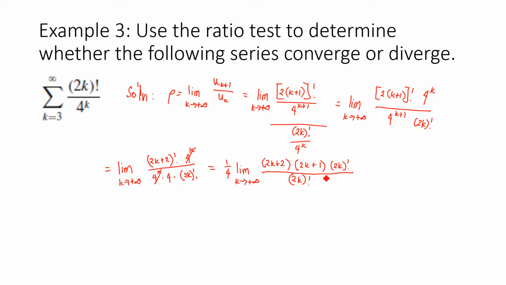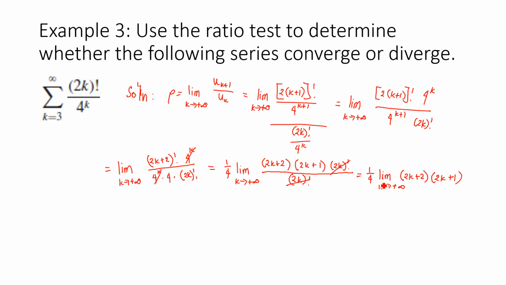So in this case, we can divide out. What remains is 1/4 times the limit of the quantity 2k plus 2 times 2k plus 1 as k approaches positive infinity.